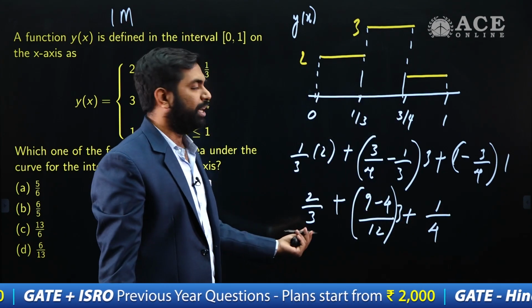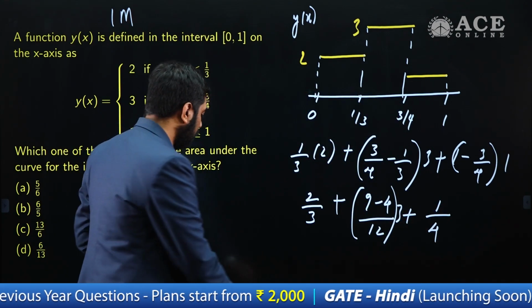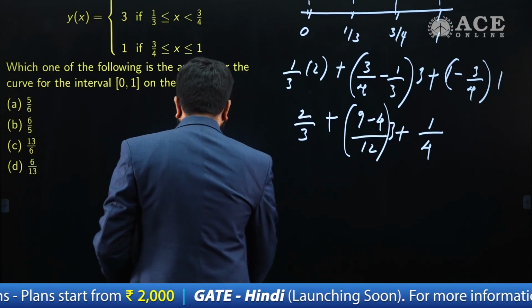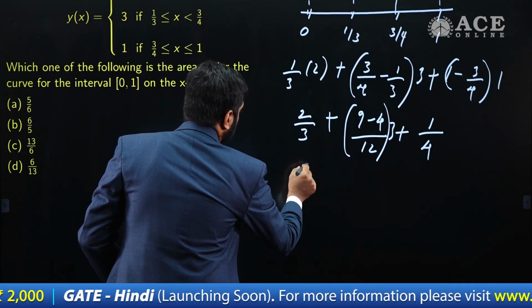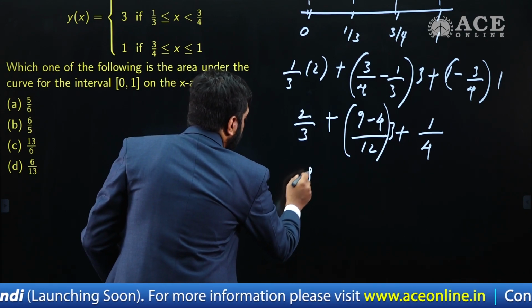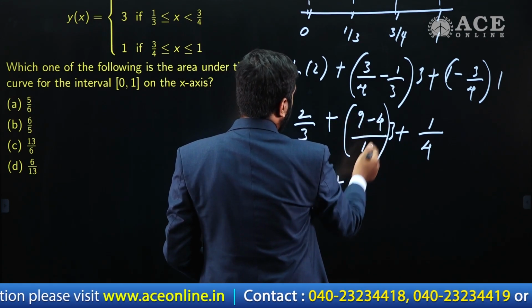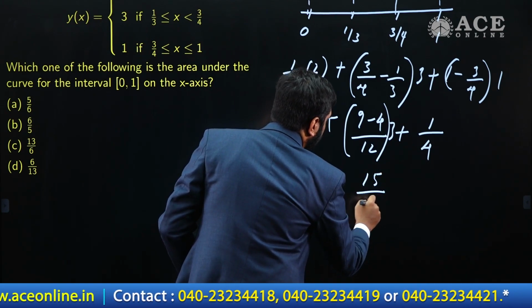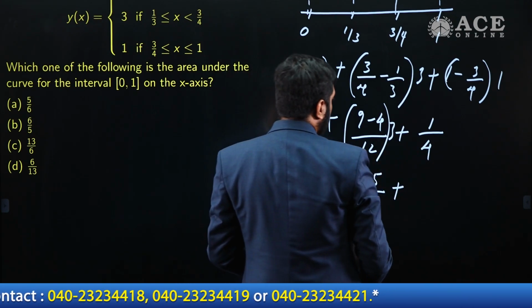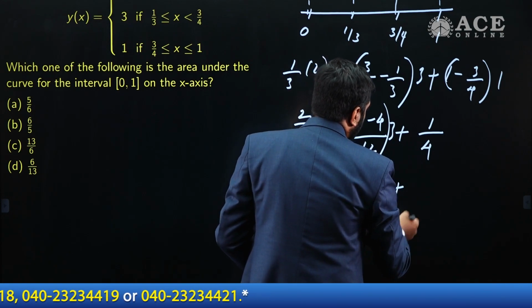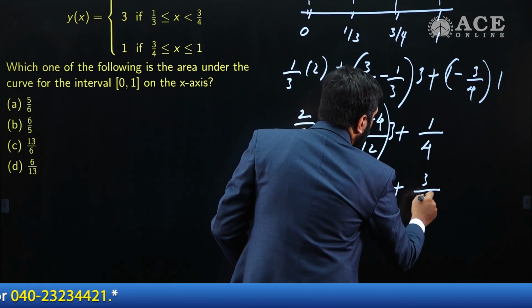I'll make sure that the denominators are all 12 so that my simplification gets easy. So multiplying by 4, this is 8 by 12. And then this is 5, right? 5 into 3 is 15. So it's 15 by 12. And then I'll make sure the denominator is 12. For that, I'll multiply with 3. So it's 3 by 12.